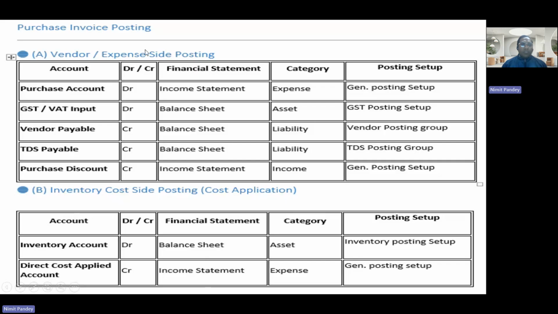Like in this scenario, you just remember the giver is credit. So vendor credit. Another account against vendor payable is the purchase account, so it will be debit. Or you can learn all the categories.